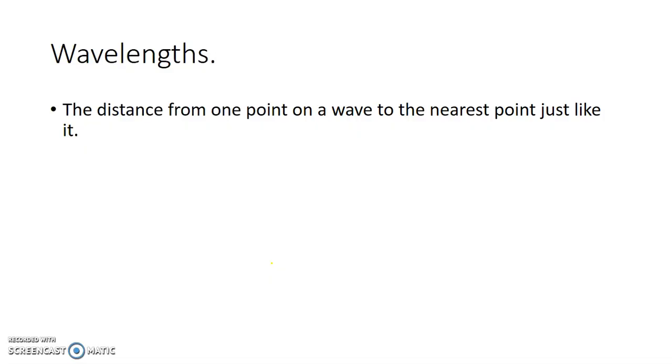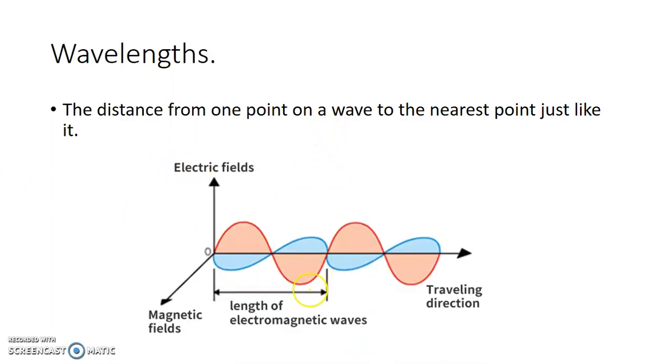Now, to understand a little of this, we have the wavelengths. The wavelength is the distance from one point on a wave to the nearest point just like it. Here we have a representation of electromagnetic waves. The red line represents the electric fields, and the blue line that is coming to the front and backwards represents the magnetic fields.